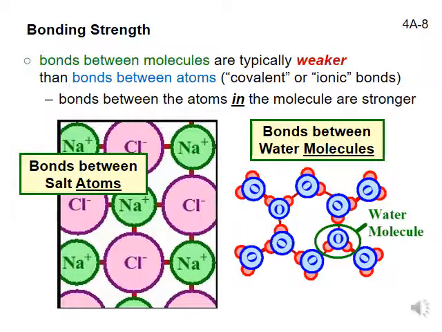Water molecules can move around, change places, because weaker bonds hold them together. The weaker bonds are more easily broken, and when a weak bond breaks, the molecules can move apart. The bonds between the atoms in a molecule are typically stronger than the bonds between molecules. So the hydrogen atoms and oxygen atom of a water molecule are strongly bonded together, much more so than the weak bonds that hold water molecules together in liquid water.